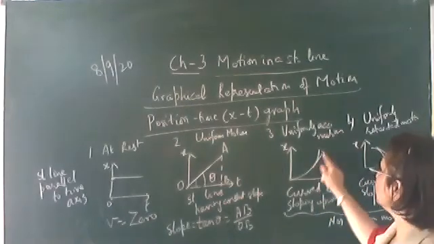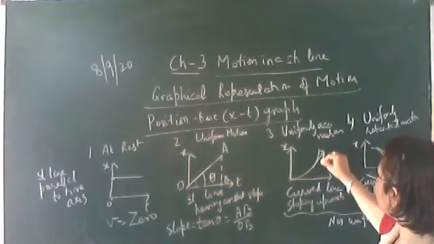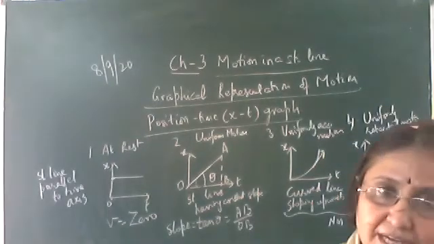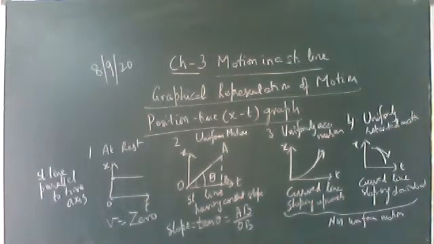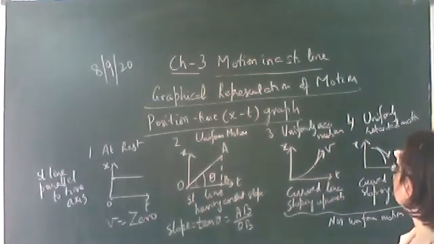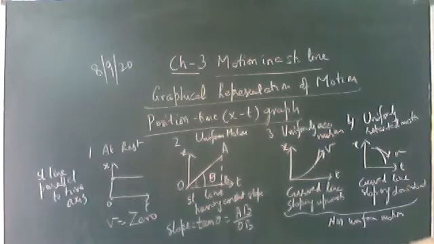Here you can see that the tangent we have drawn is pointing in the upward direction. Here the tangent is pointing in the downward direction. Okay, so the velocity at any instant, at this particular time, how do you find out? By drawing the tangent at that point. This gives the velocity. And uniformly accelerated and uniformly retarded motions are non-uniform motions. Okay, next we'll discuss velocity time graph, VT graph.